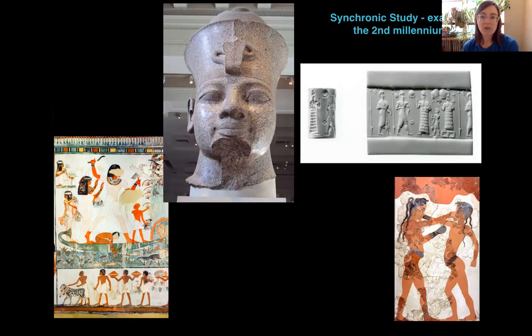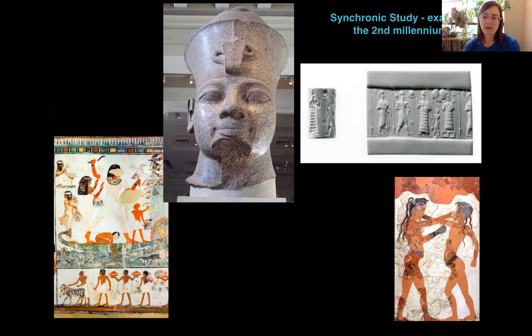So I'll try to do some synchronic stuff because I think this is part of the work of getting classics out of its Eurocentric narratives and also white supremacist narratives that devalue Egypt and Africa.